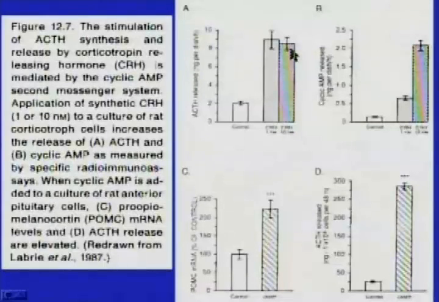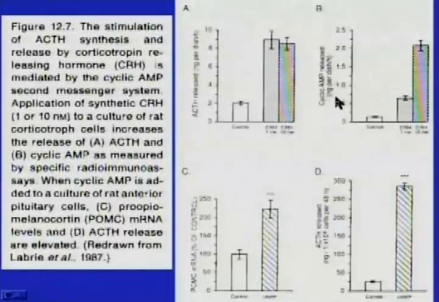If we suspect that cyclic AMP might be the second messenger system, we take a look at that, measuring cyclic AMP released. The units here are nanograms per dish per hour, and I'm sorry, it's per hour as well for the units on the y-axis for the ACTH release.